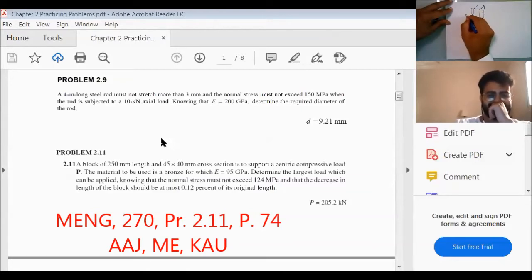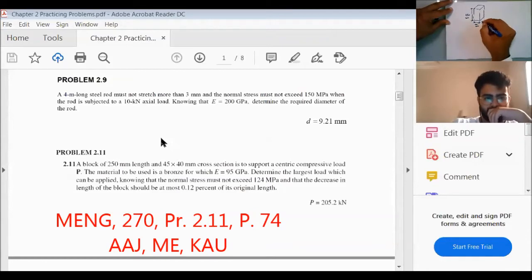So this length is 250 millimeter. This size, assume this one is 40 and the other one is 45 millimeter.